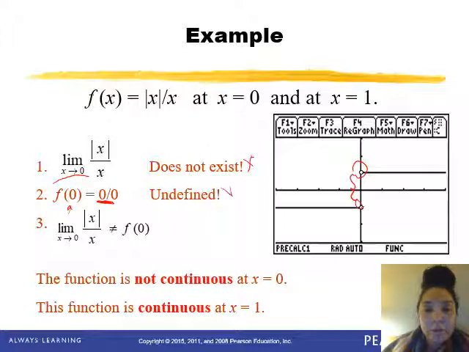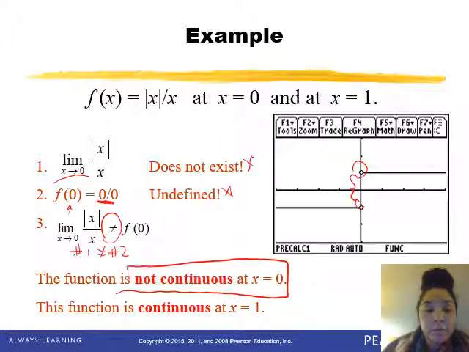So number 2 does not check out. And because number 2 does not check out, we have this not equals sign, because number 1 is not equal to number 2. Okay, so the function is not continuous at x equals 0.